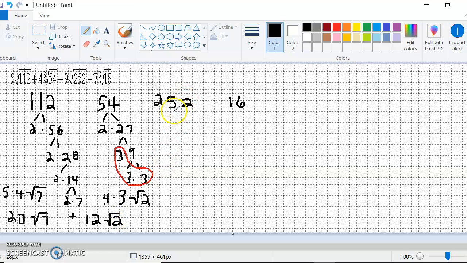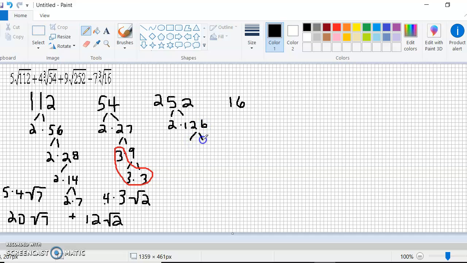Okay, so let's go ahead and break down this one here. So 2 goes into 252. So 1, 2, 6.